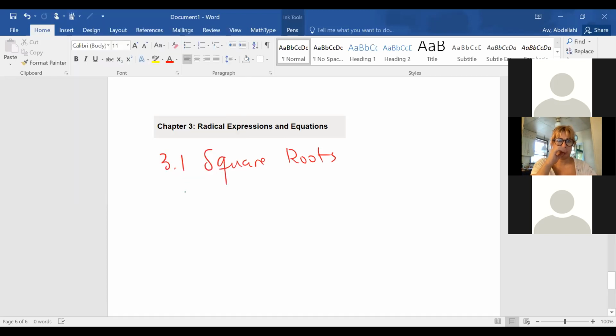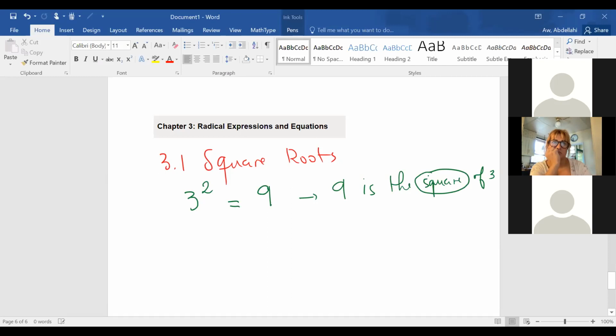We say, for instance, 3 squared is equal to 9, right? So we say 9 is the square of 3. Obviously 9 is a square of 3. What is the square root?